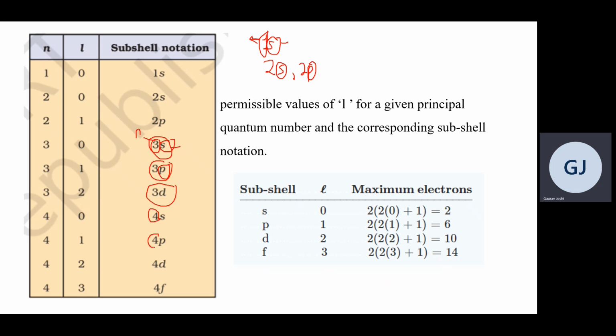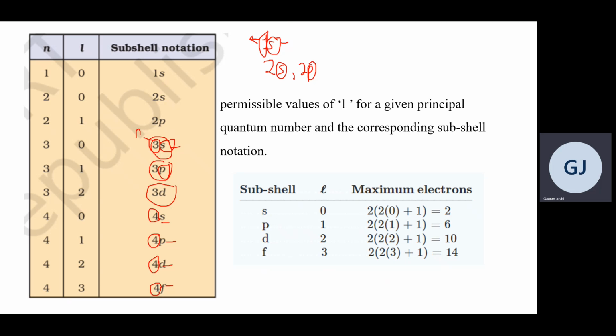When the principal number is 4, we have four subcells belonging to S, P, D, and F. Now, these S, P, D, and F will have some electrons. So how many electrons can S, P, D, and F acquire?